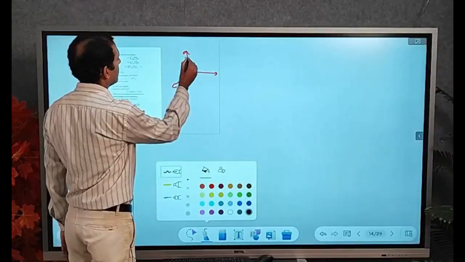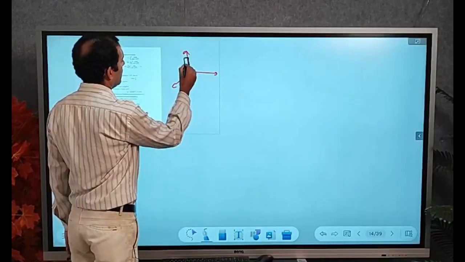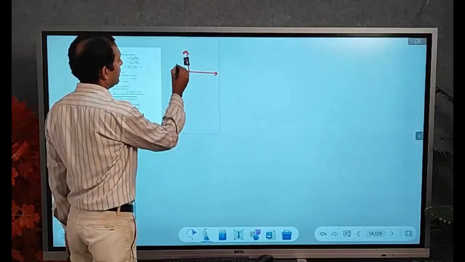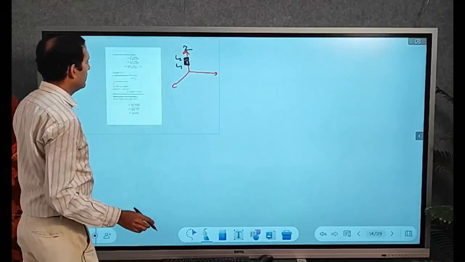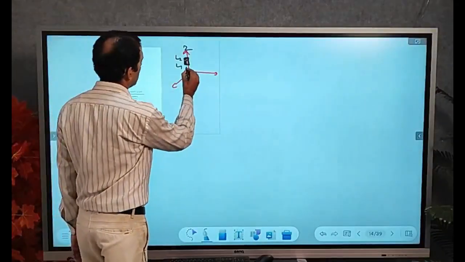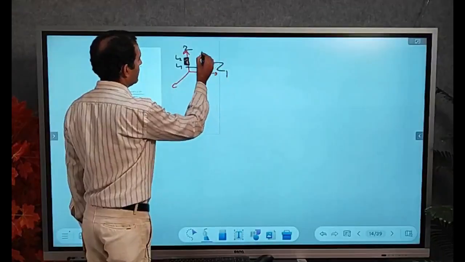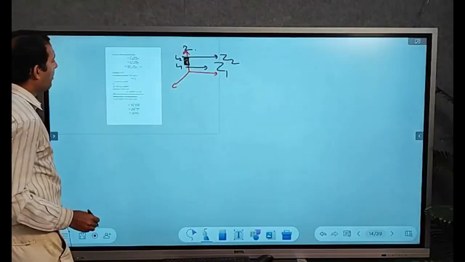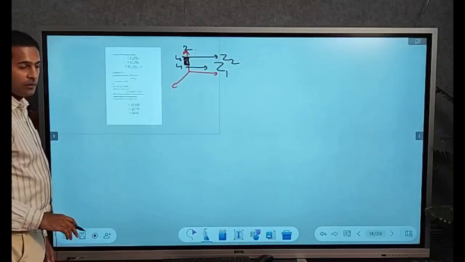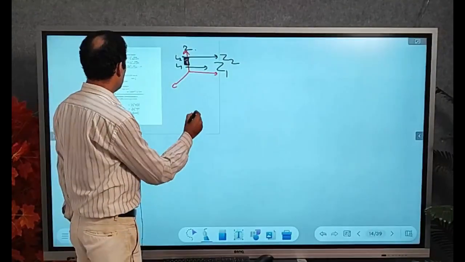Here we are taking a small conductor, say from L1 to L2. As it is on the z axis, we can take it as Z1 to Z2. If we integrate, we can find H for the entire region.